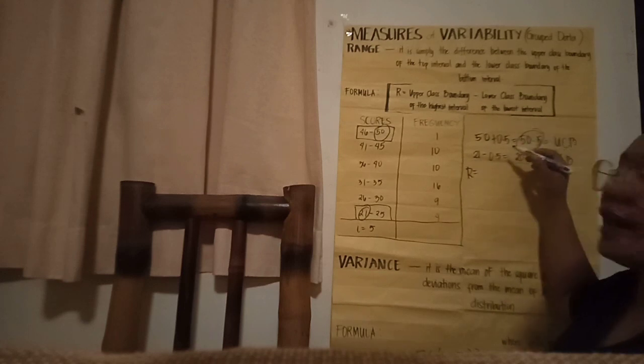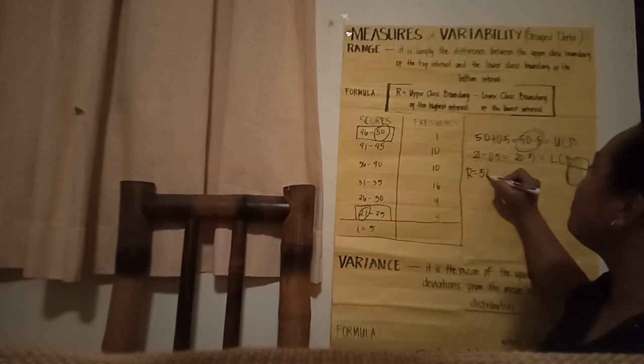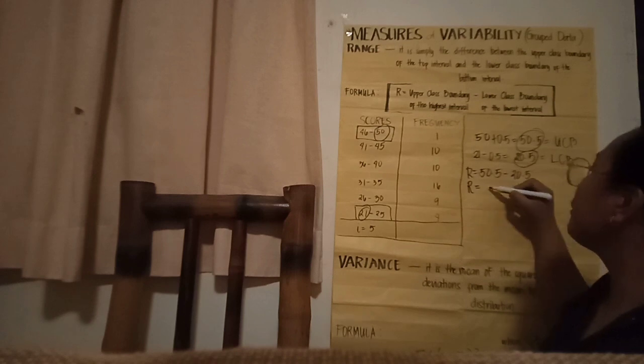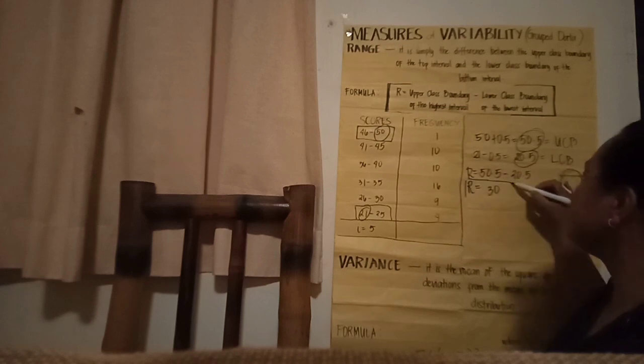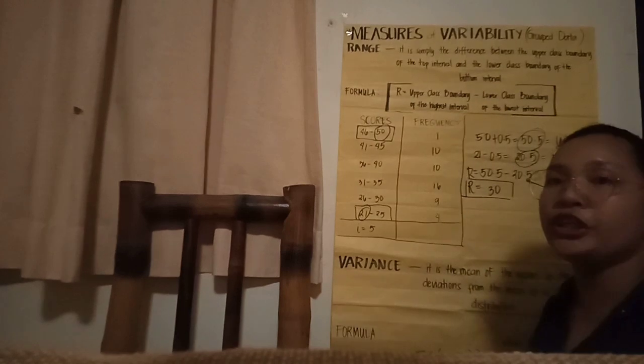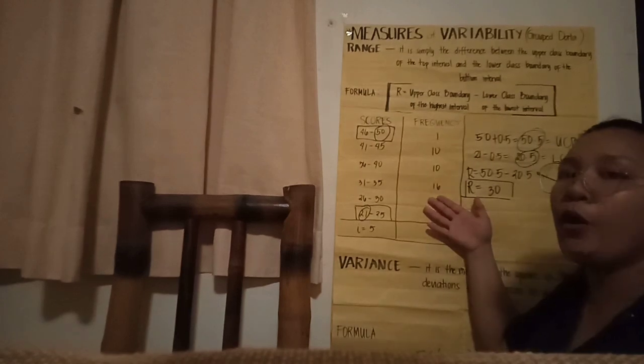And back to our formula, R equals the upper class boundary, which is 50.5, minus our lower class boundary, which is 20.5. So our range will be R equals 30. And that is how we solve for the range.